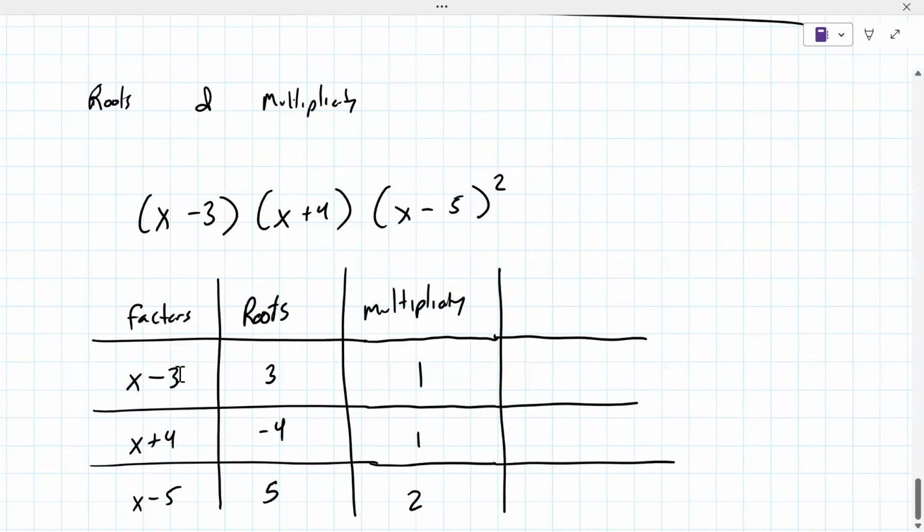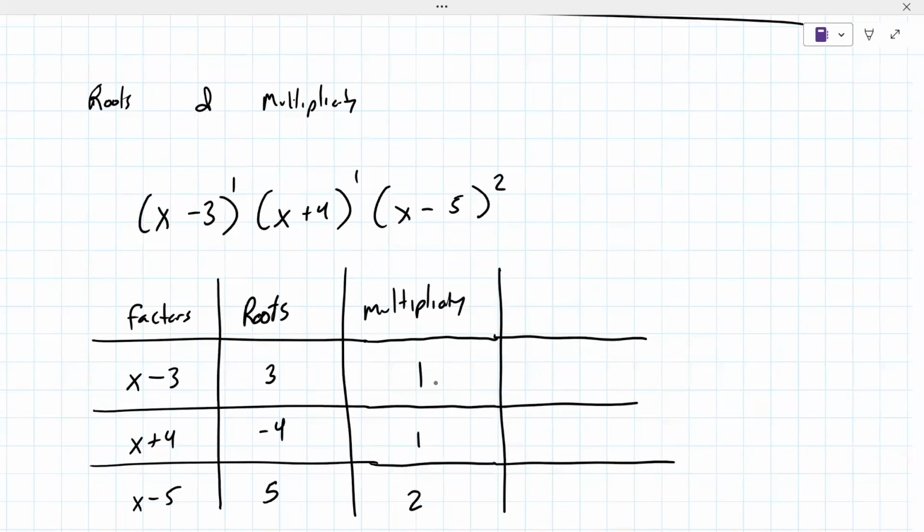The factors are what's inside parentheses. That's probably clear. The roots are the numbers that make this zero. The multiplicity, where do you think that comes from? The exponents. Yeah.